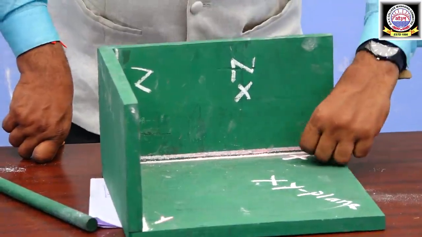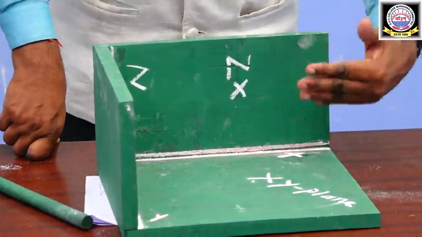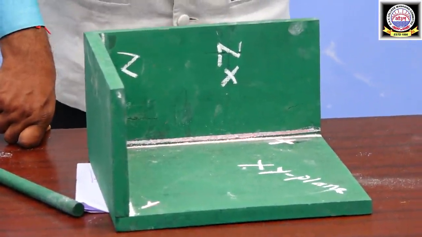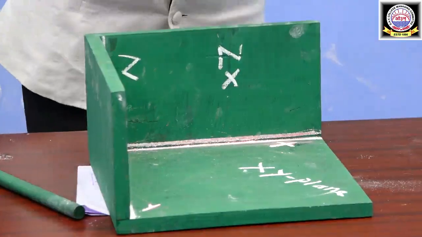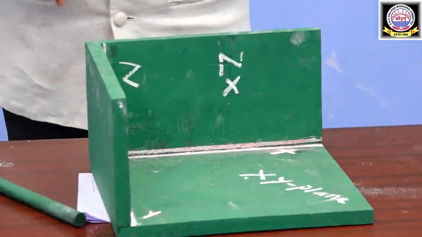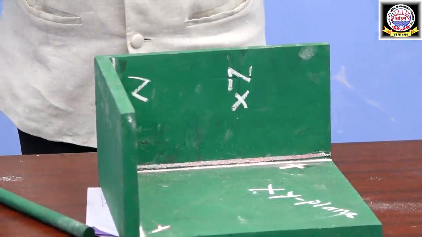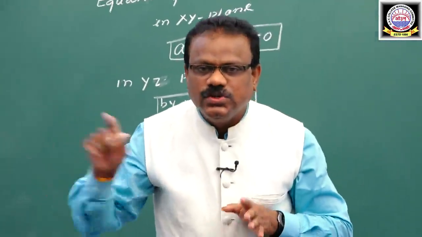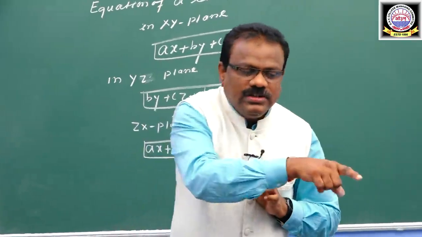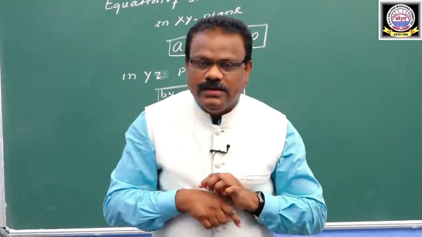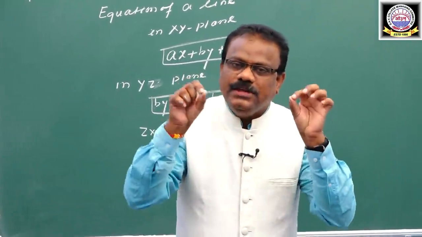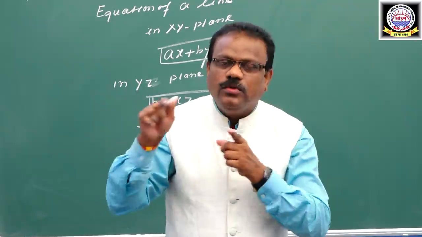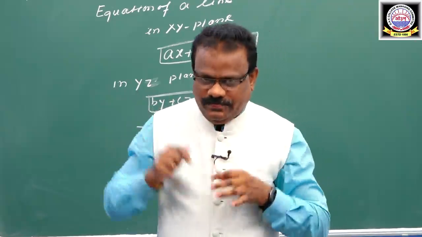Suppose you draw one line on the floor on which you are sitting, and name this line ax plus by plus c is equal to 0. As the line is drawn on the xy plane, each coordinate on the xy plane will show some x, some y.